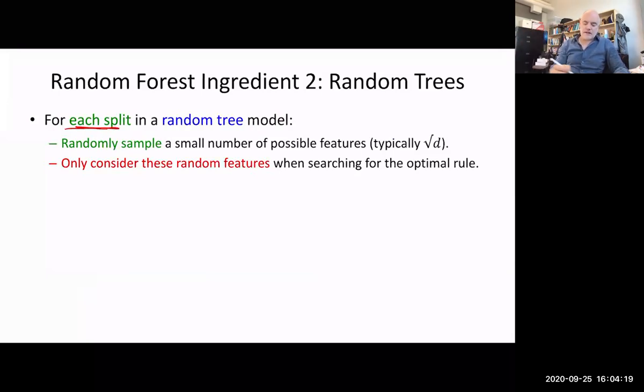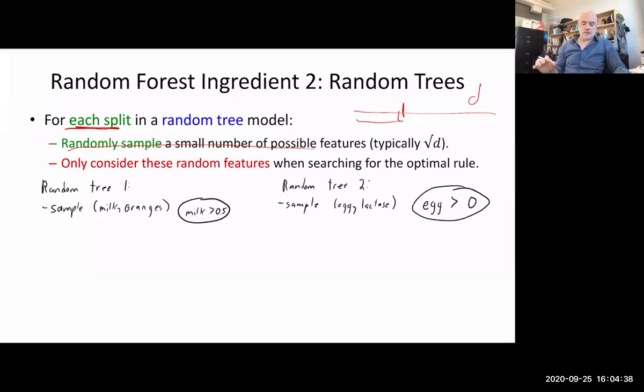So you can randomly sample a small subset of the possible features. If you have D features total, maybe you only look at square root of D features. That's a pretty small number in comparison to the total number of features, and you only consider those random features when searching for the optimal decision stump rule at that node in training the random tree.